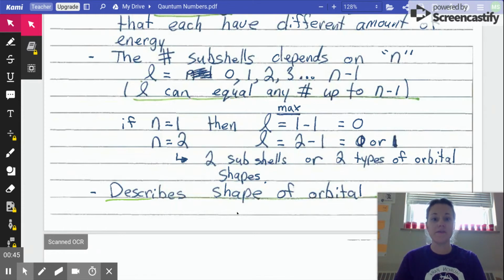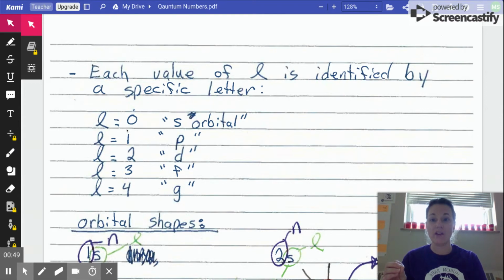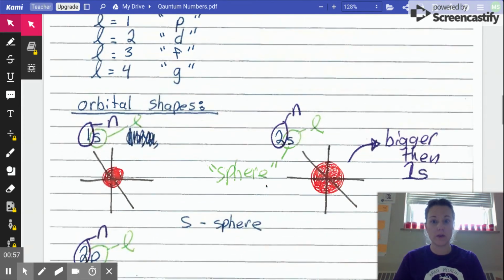There's a whole bunch of different shapes, and we are only focusing on when L equals 0 or L equals 1, which would be S and P. The S orbital, when L equals 0, is a sphere. So there's a 1s sphere and a 2s sphere. And there would be a 3s and a 4s and a 5s. They would get progressively bigger, but we're just focusing on 1s and 2s.